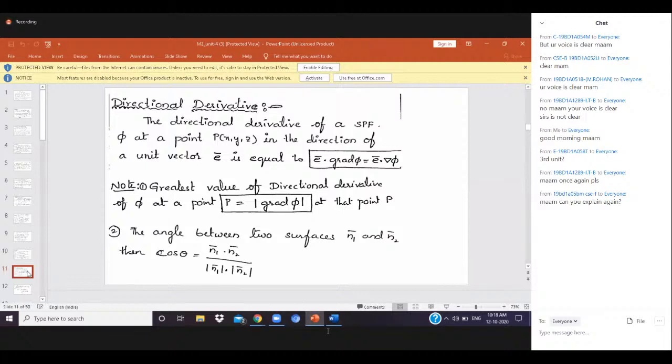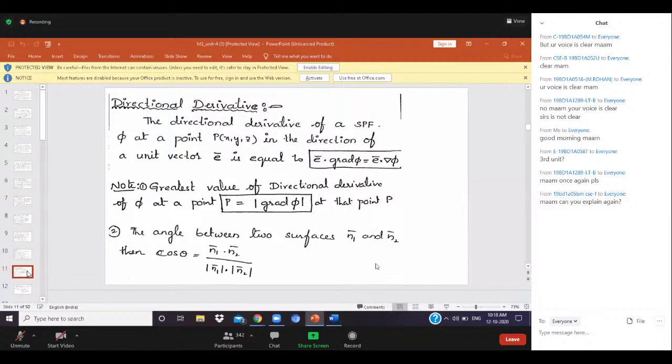The greatest value is not a direct question, it is a short answer, but the angle between two surfaces and the directional derivatives are very, very important questions. In the textbook we have more solved examples. Please go through the textbook and solve all the directional derivative problems, as most problems are under this.